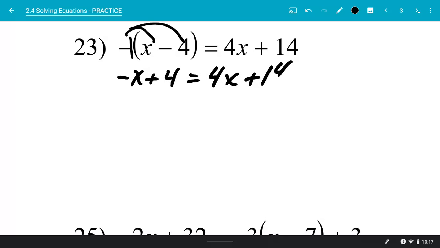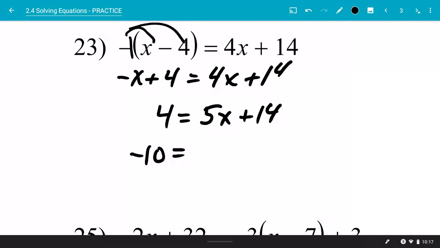I would then move the smaller variable. 4 equals 5x plus 14. Get the variable by itself. Negative 10 equals 5x. Use the inverse of multiplication. Negative 2 equals x. Now there, I didn't necessarily write down what I did.